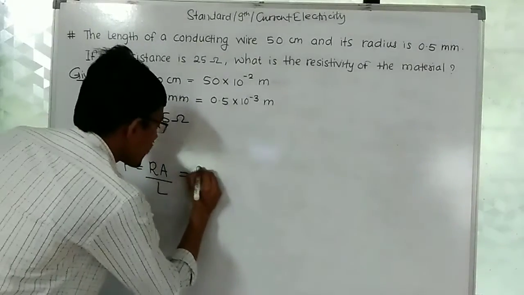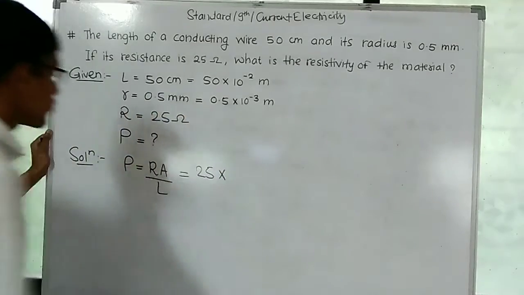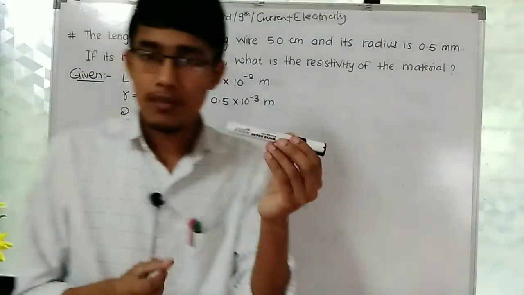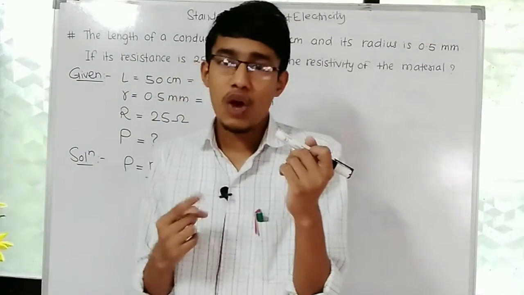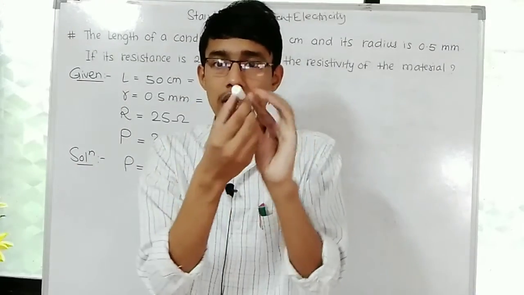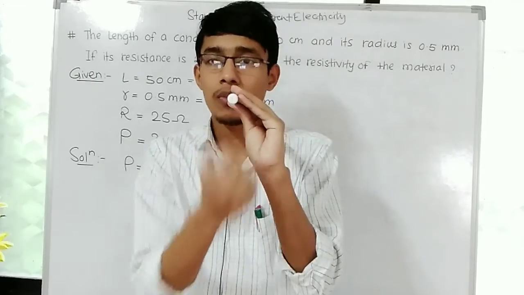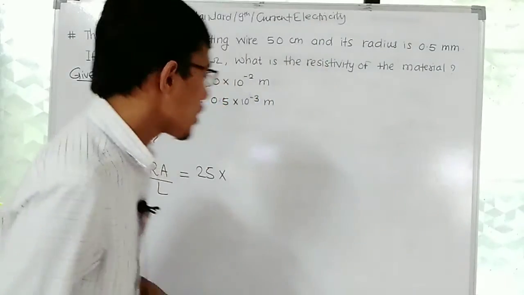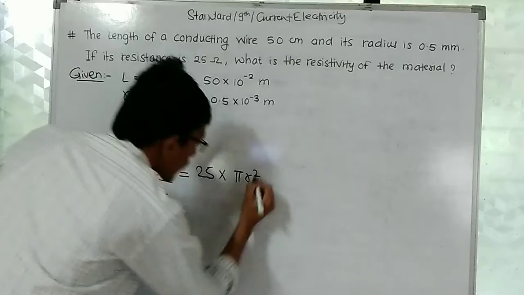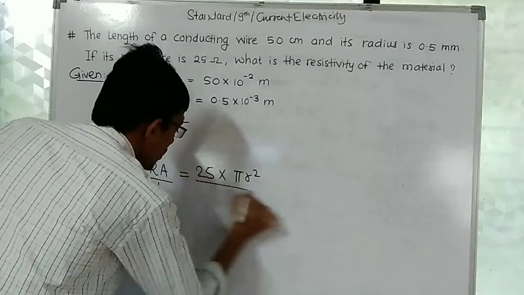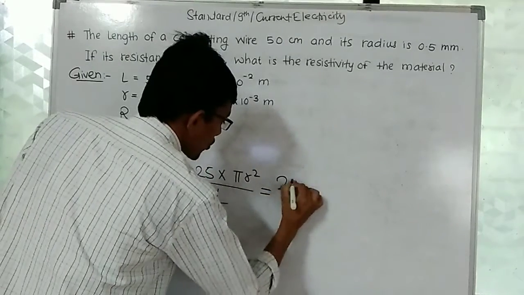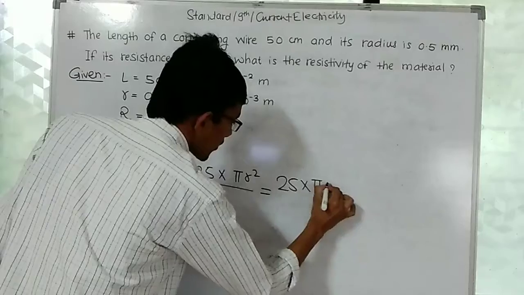Now resistance is 25 ohm into area of cross section. For any conducting wire, the general area of cross section is going to be the area of a circle. If this is a wire, then the area of cross section will be a circle. So we know the formula for area of a circle, and it is pi r square, upon L. That is equal to 25 into pi into r square.